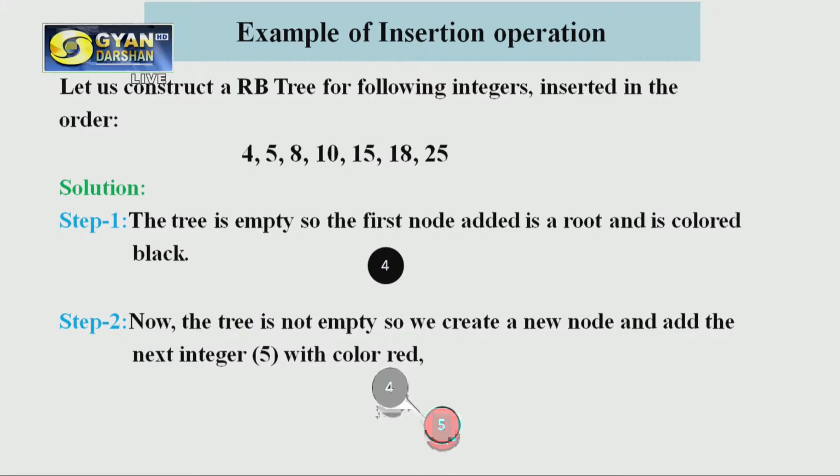So after inserting 5, the tree will become as shown in this particular slide. Here also the property of the red black tree is maintained. First of all, it is a binary search tree, then all the paths have the same number of black nodes, and also there are no two consecutive red nodes.